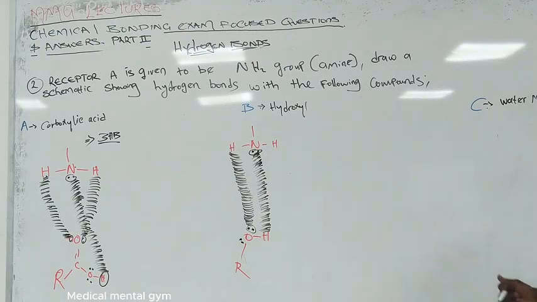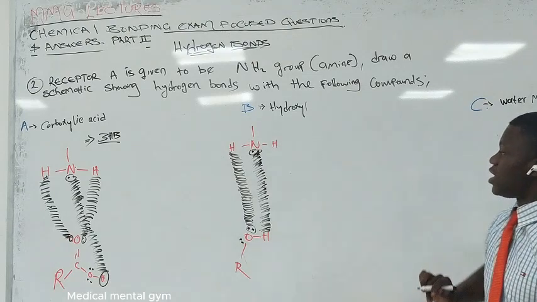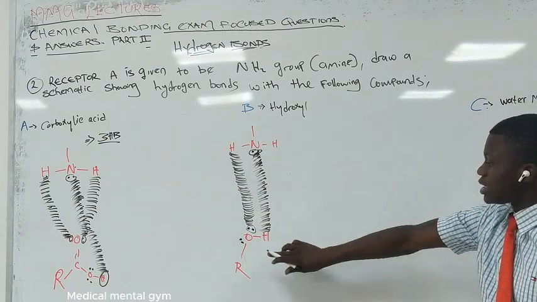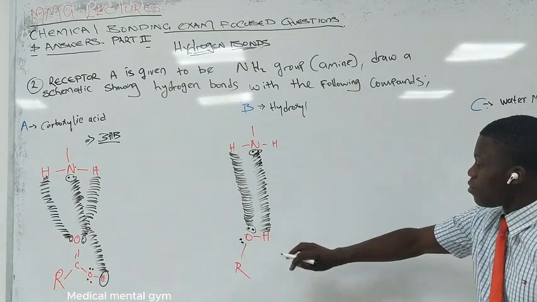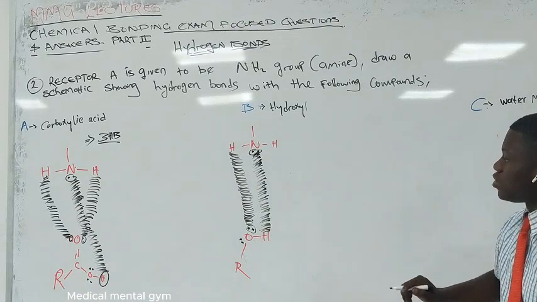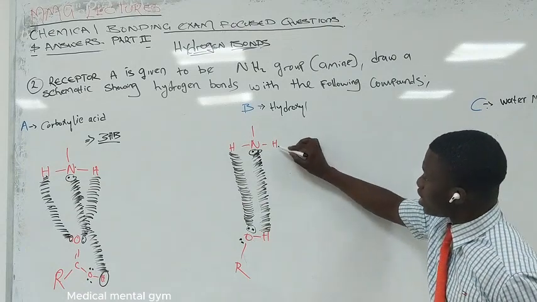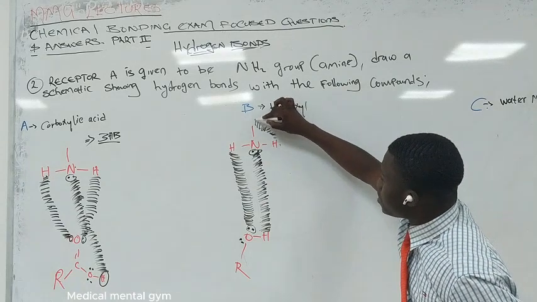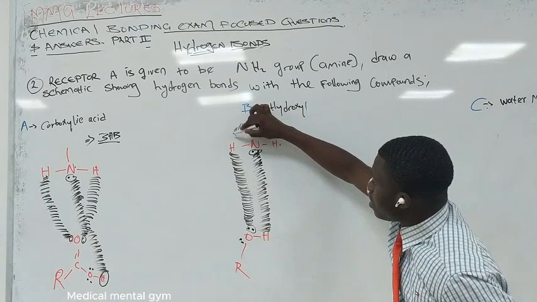So we still have a hydrogen atom left in our receptor molecule, which is able to interact with a lone pair from an electronegative atom to form a hydrogen bond. So this hydrogen will also participate in a hydrogen bond of its own. So this will be our hydrogen bond.